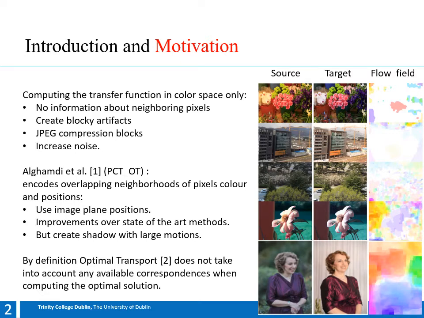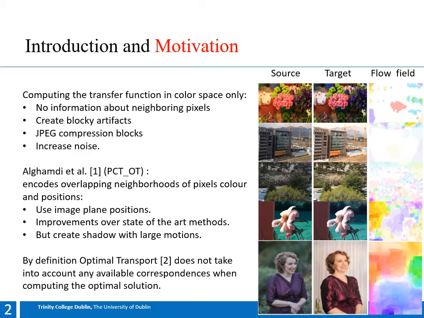To tackle this problem, Alghamdi and others proposed the batch-based color transfer, denoted as BCTOT, that encodes overlapping neighborhoods of pixels taking into account both color and pixel positions. This algorithm not only shows improvement over the state-of-the-art method, but also shows a limitation by creating shadow artifacts when there are large changes between target and source images, like the examples shown in the slide.